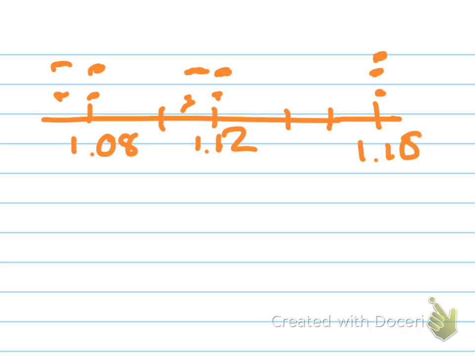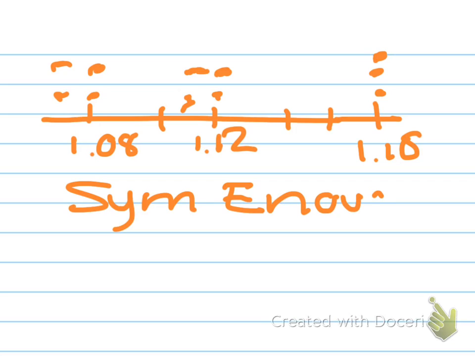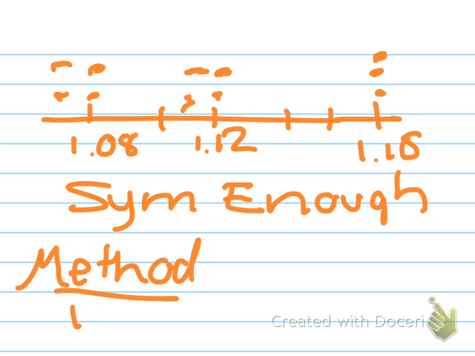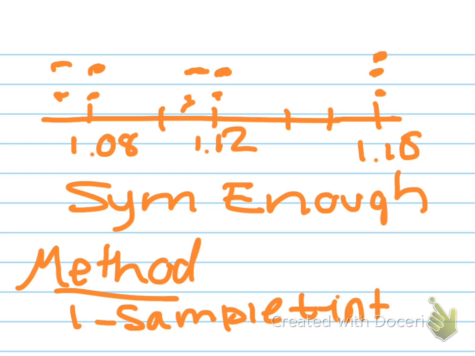That's a really messy dot plot. I apologize, but we can say this is symmetric enough with no apparent outliers. We're ready to proceed, so we need to say our method. Our method is a 1 sample t interval for mu. State, plan, do.